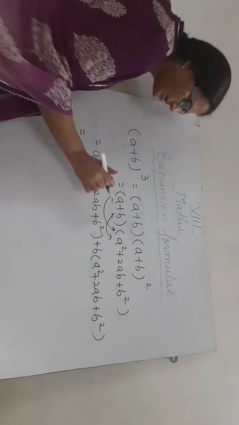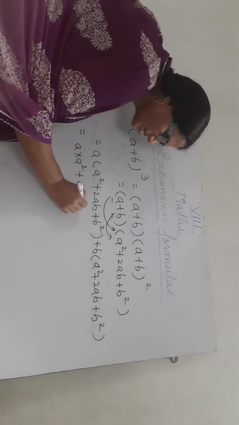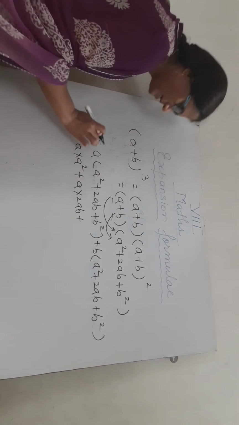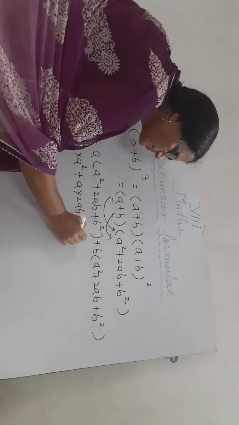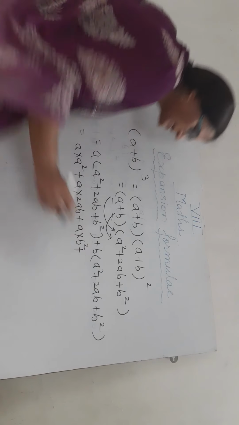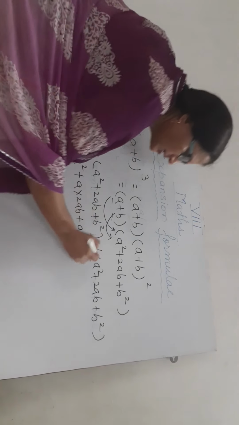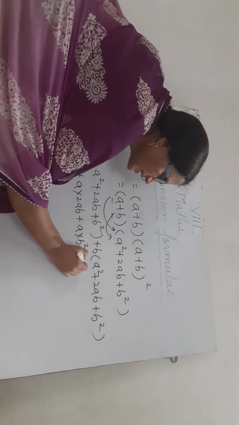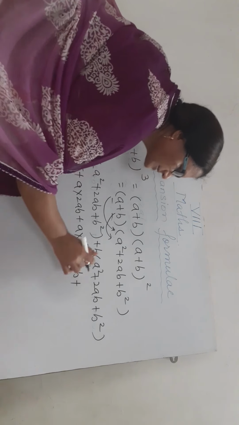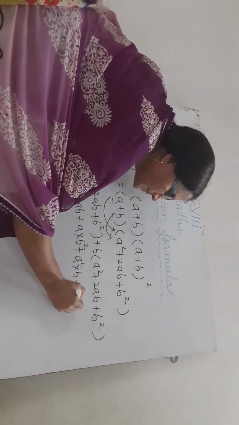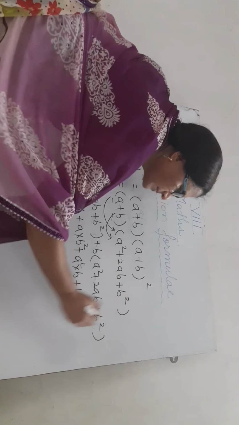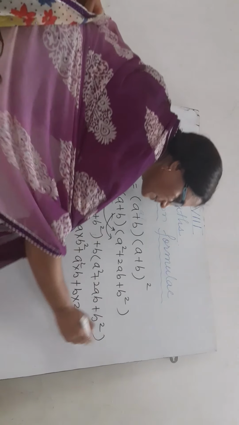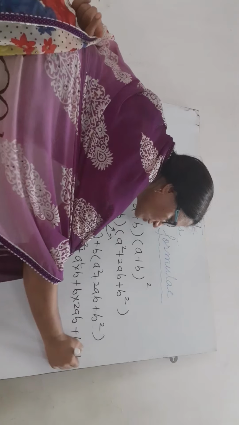plus a multiplied by twice ab plus a multiplied by b square plus, now open the bracket with b, b multiplied by a square means a square b plus b multiplied by twice ab plus b multiplied by b square.